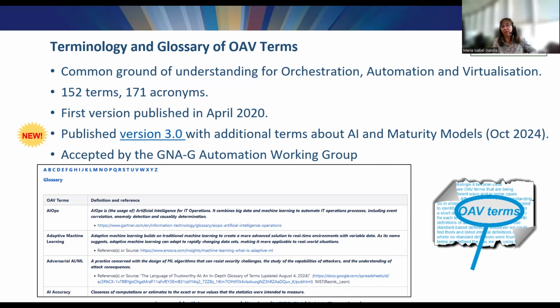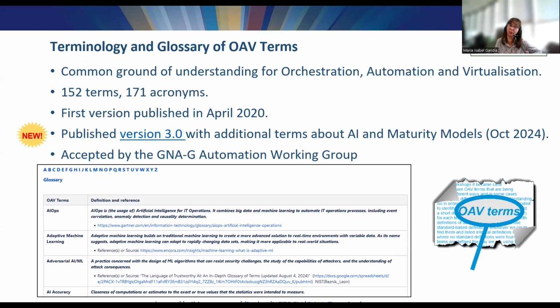This document you can find in two flavors: in a PDF file that you can download from the GÉANT website, or on the wiki as a table with 152 terms and 171 acronyms. It's easy for you to find any acronym you need. We use a lot of acronyms in our techie world, so in this way you can find what these acronyms mean.